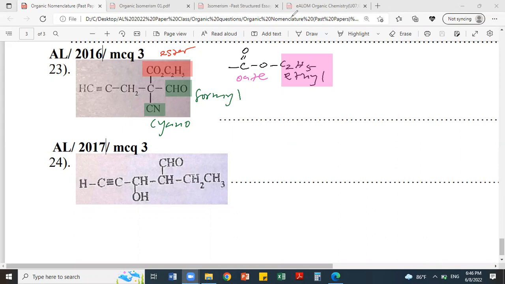Then you can write 2-cyano. Everything else is correct, Sishan. That is the only mistake. Don't write one ethyl. Just take ethyl separately at the very beginning. Very good. Now it is perfectly correct, Sishan. Yeah, correct.